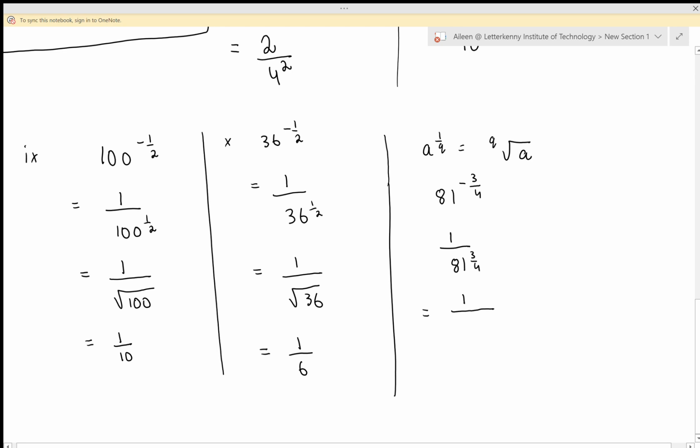Then change it into a surd. 4 root 81 to the power of 3, using rule 7. A to the power of p over q equals q root a all to the power of p. Okay, so that is question 12 done for you as well.